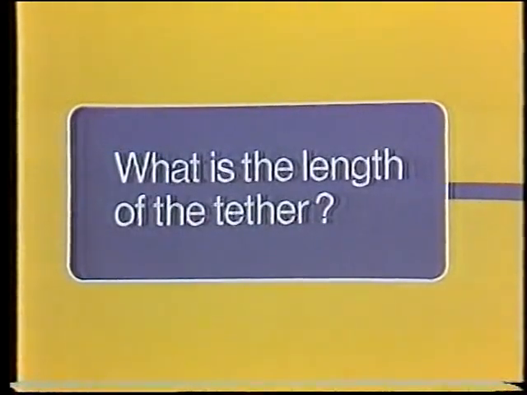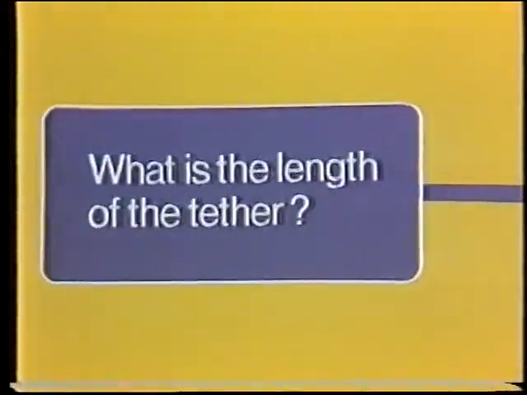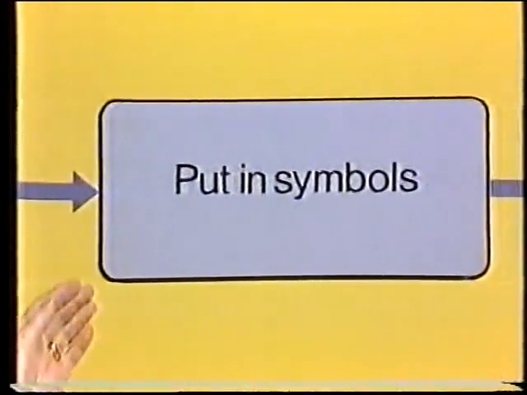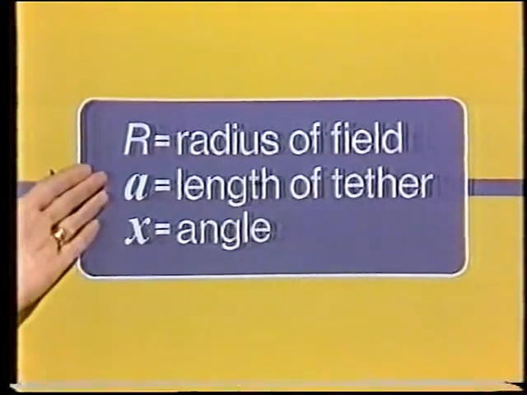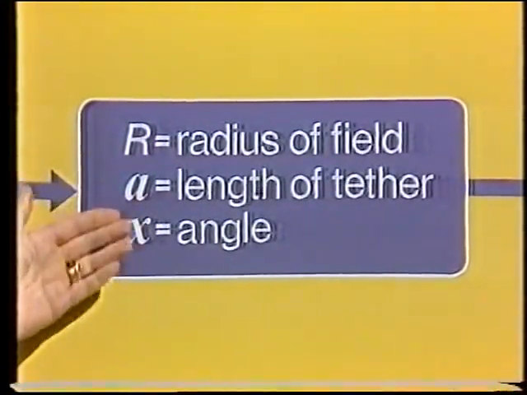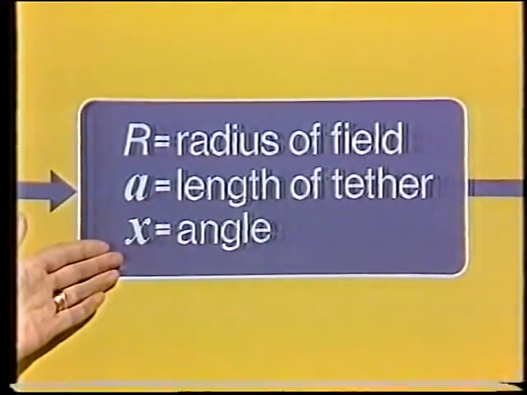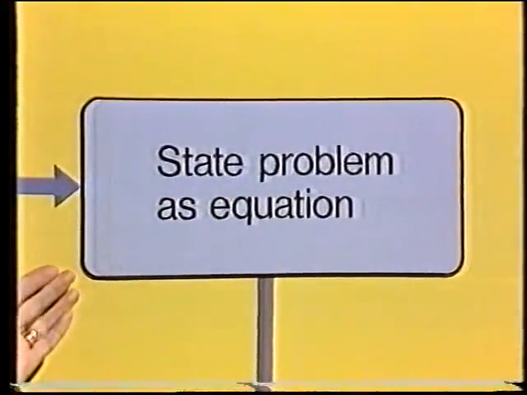We've done that. It's what's the length of the tether? And next, we have to put in some symbols. We've chosen r for the radius of the field, a for the length of the tether, and x for the angle.